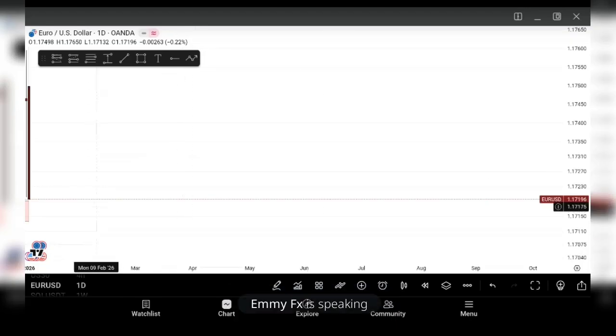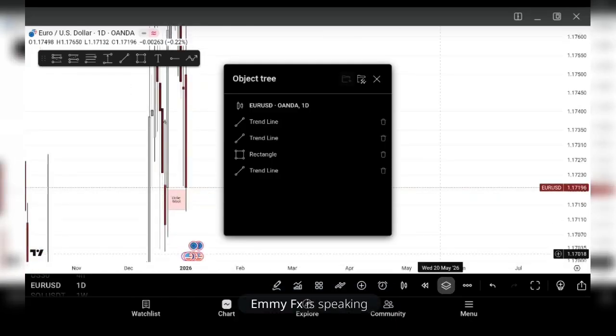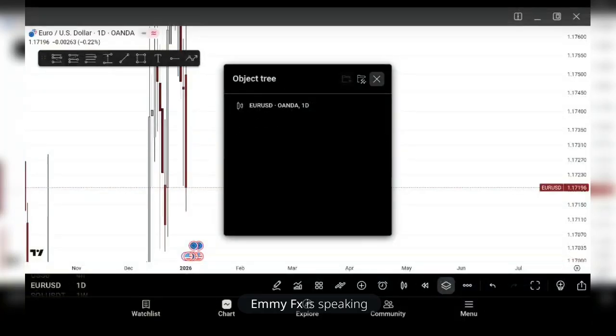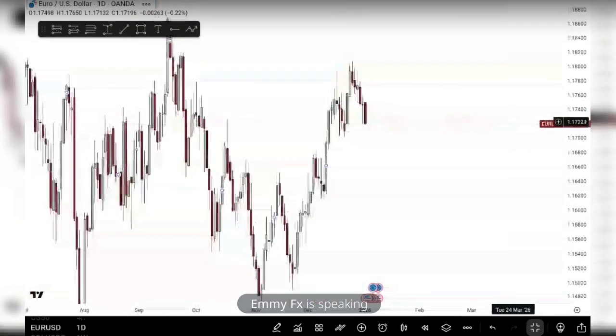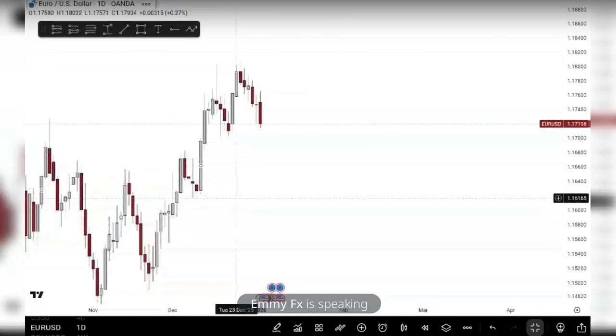All right, let me just clear this out. This is EURUSD, the daily time frame, the 1 day time frame.